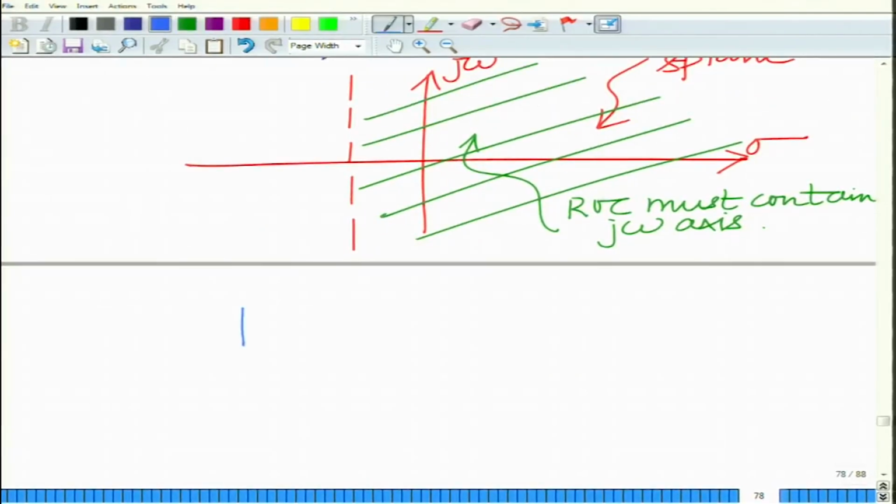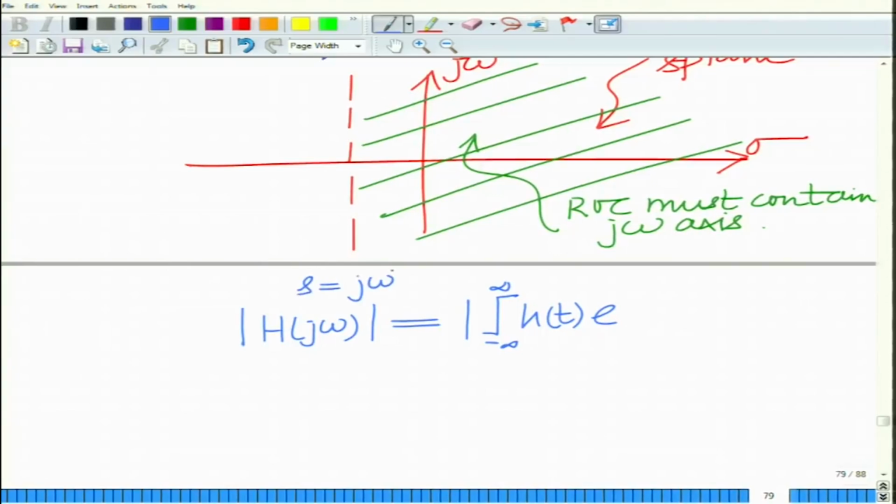This can be seen as follows. If you look at the magnitude of H(j omega) and substitute s equals j omega, it is the magnitude of the integral from minus infinity to infinity of h(t) e raised to the power minus j omega t dt.